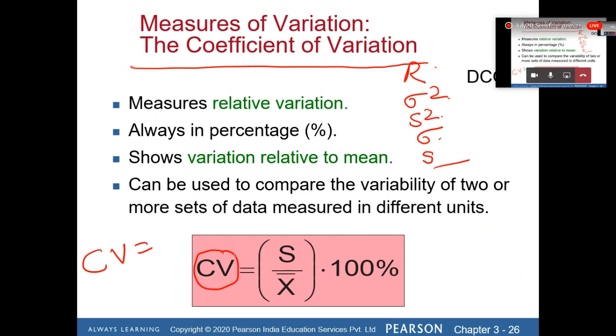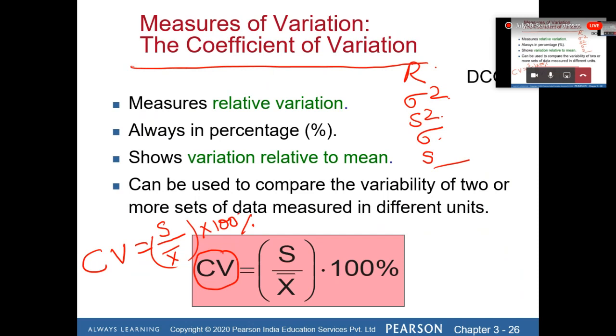You take the ratio of the standard deviation, small s, which means sample standard deviation, divide it by the sample mean x bar and multiply it by 100. You multiply by 100 because you want it in terms of percentage. So coefficient of variation is the ratio of standard deviation and the mean.